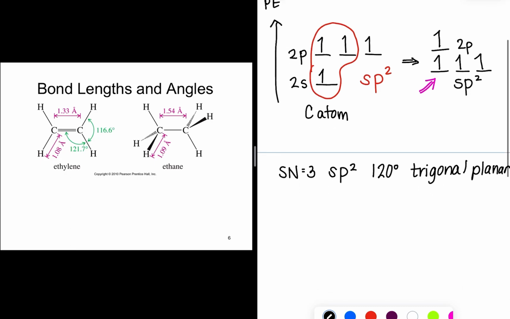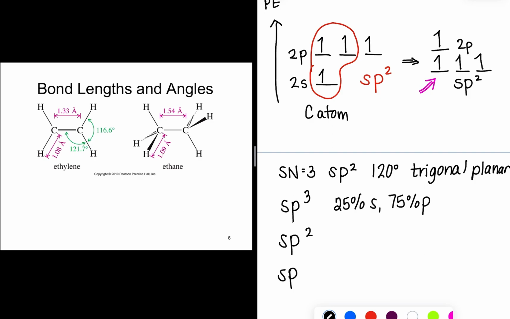That's because when we think about what's happening with an sp3 versus an sp2 versus an sp, the sp3 orbital is going to be 25% S and 75% P character. For sp2, it's going to be 33% S and 66% P character.